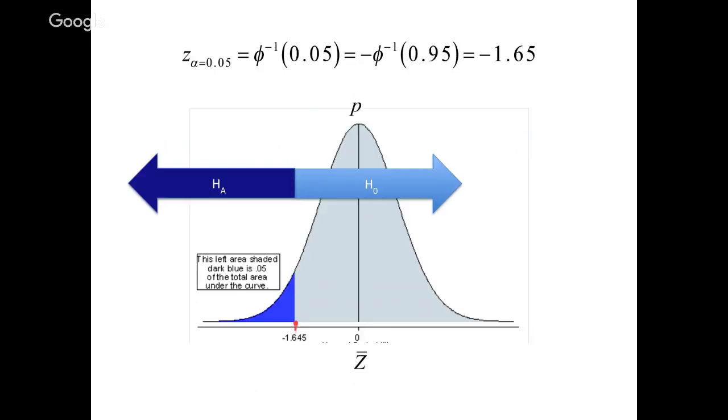So that would correspond to the critical value here. Remember that our probability charts are not tabulated for the left side of the probability distribution, only positive values of the standard normal variate. And so we apply the transformation that says this can be set equal to minus the inverse of the CDF operated on 1 minus that alpha. So it's going to be 0.95.